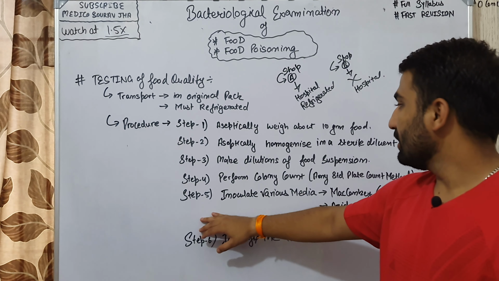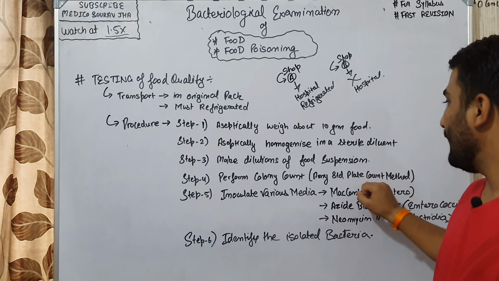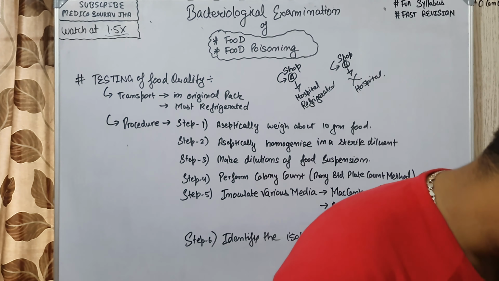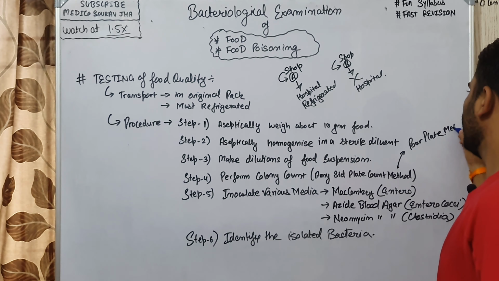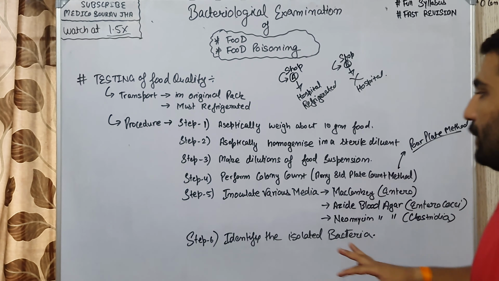Then step 4, perform colony count, any standard plate count method. Here the plate count method can be the pour plate method. This is the standard method which is mostly used.